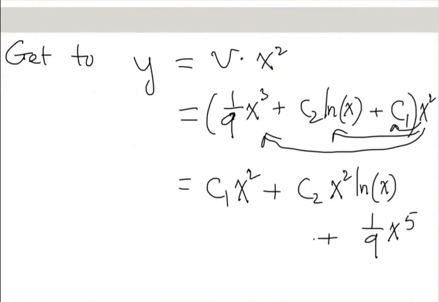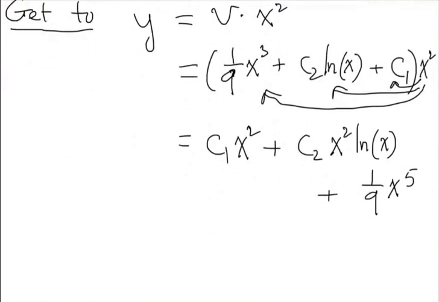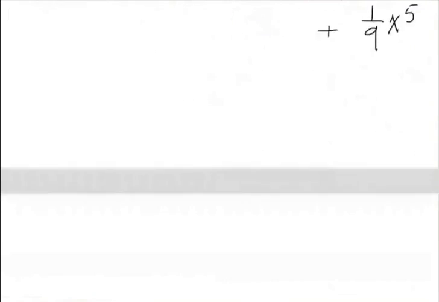So we have the format C1 y1 plus C2 y2 plus capital Y as we usually have. But we have used the method of reduction of order to solve the problem. We now look at another example.